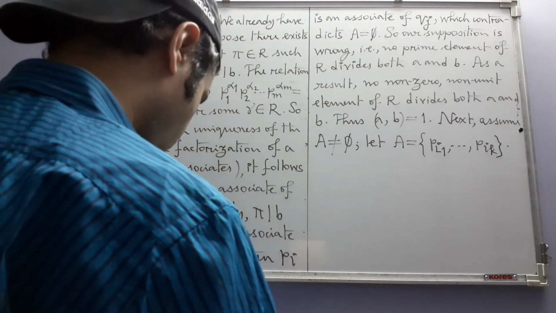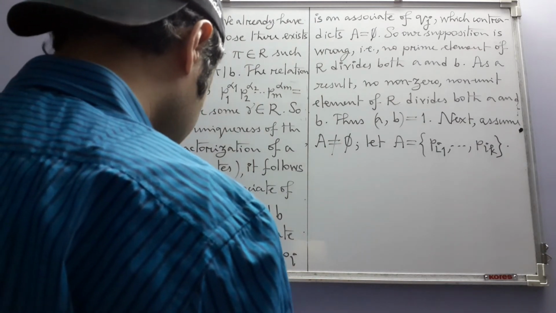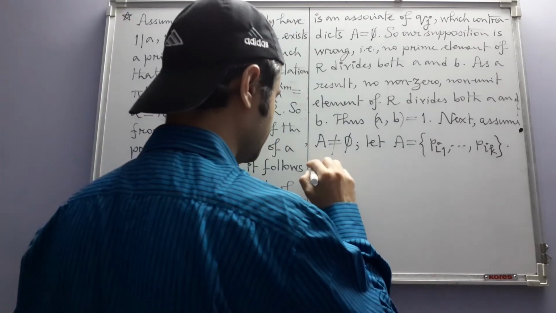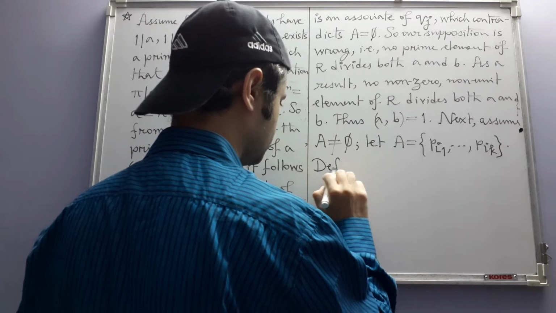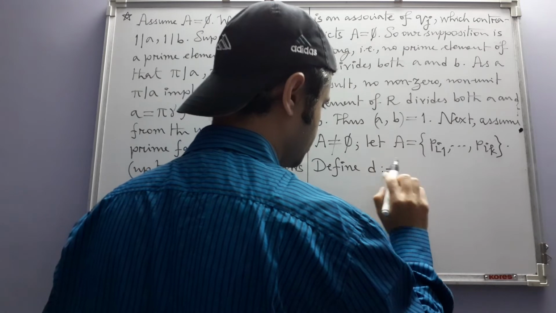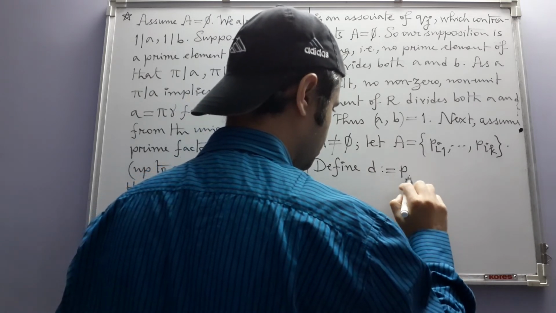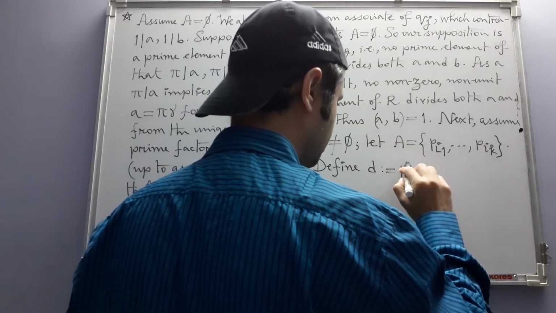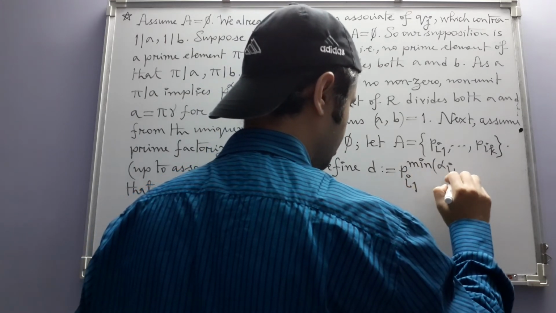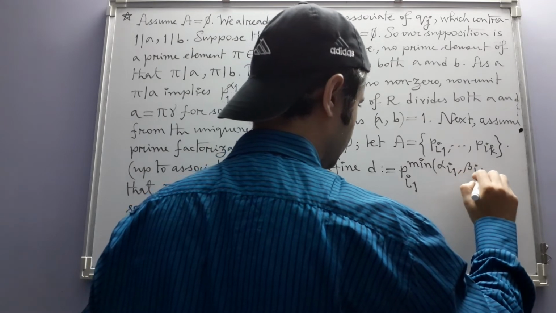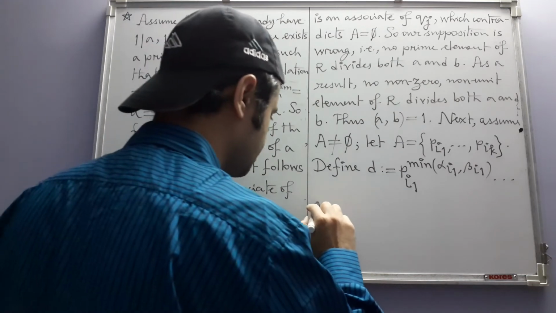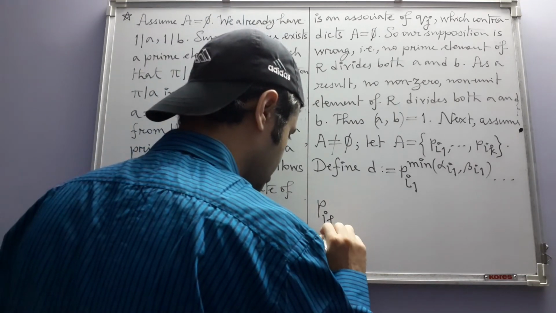Okay, and in this case we are going to define an element. Define D to be pi1 to the power minimum of alpha i1 and beta i1, a product up to pik.